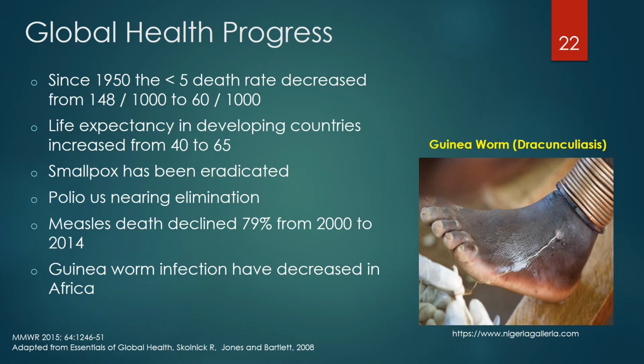There has been a decline of some tropical diseases like guinea worm, also known as dracunculiasis, that has seen a decrease in Africa due to clean water programs. Dracunculiasis is transmitted from contaminated water and results in worms developing in the body and surfacing as adults, causing painful skin lesions, as demonstrated in this picture.